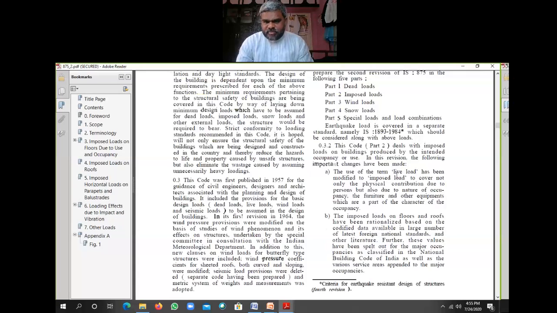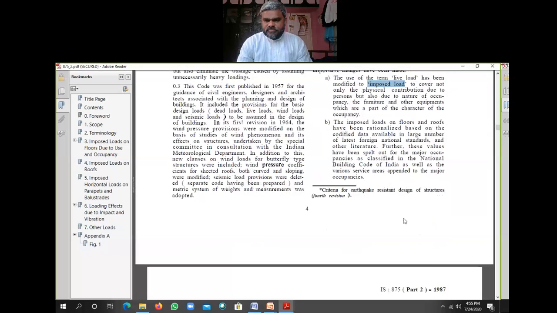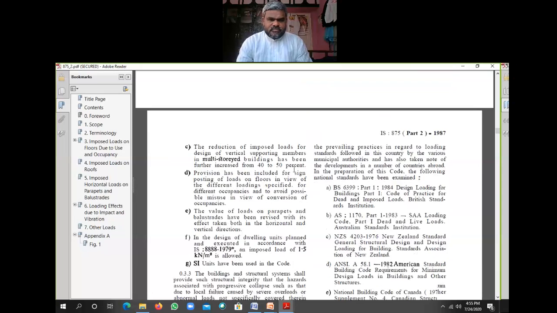See here, the following important changes have been made. The live load has been modified as imposed load. Earlier it was called a live load, right? The imposed loads for design of vertical supporting members in multi-storied buildings have been further increased by 40 to 50%.